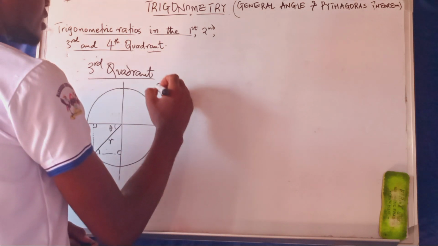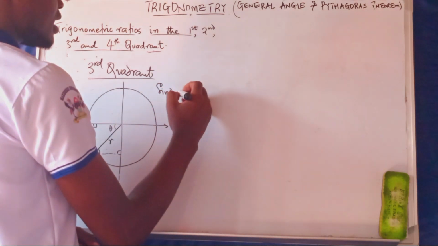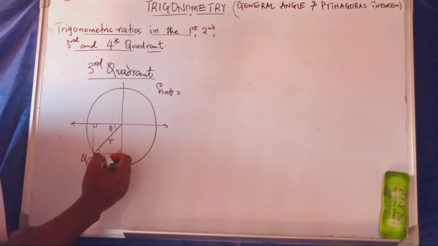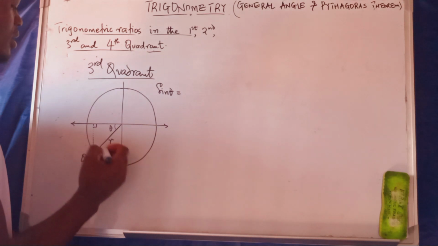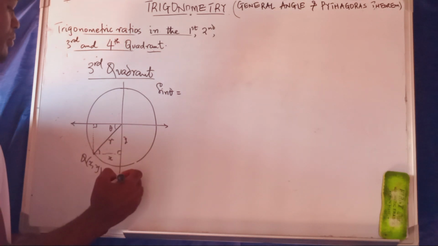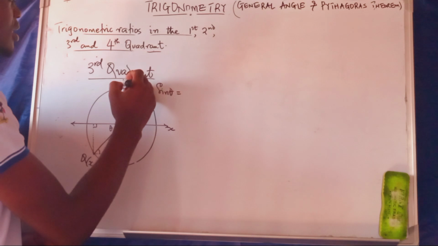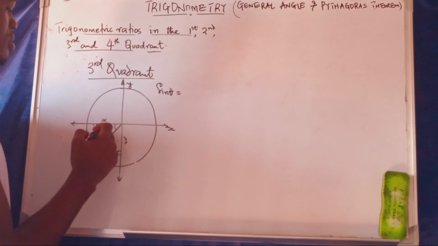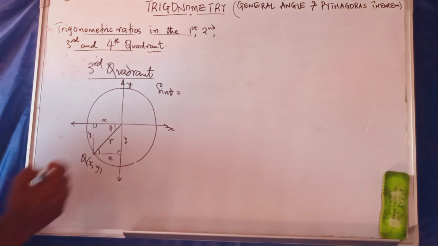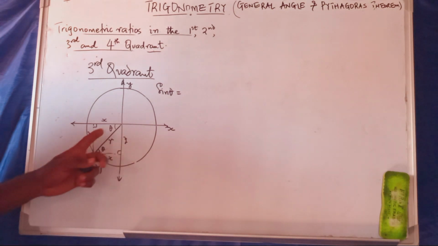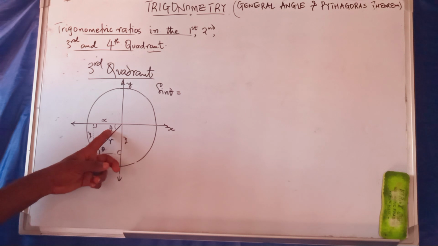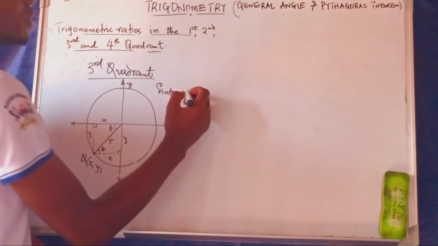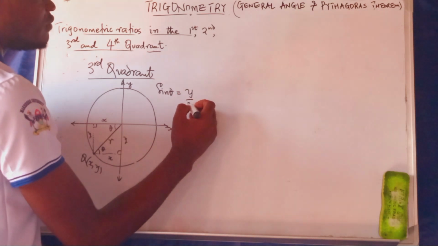what do you see with the sine ratio? This is our x and this is our y. So sine theta, if this is the angle, this is adjacent, this is the opposite, is y over r.